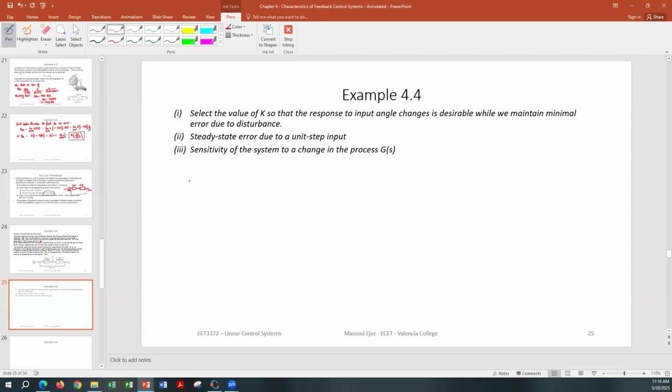So we're going to apply superposition again, like we did before. Let T_d(s) be equal to 0. And Y(s), let's call it Y1(s) due to R(s). Y1(s) will simply be G_c(s)G(s) over 1 plus G_c(s)G(s), times R(s).